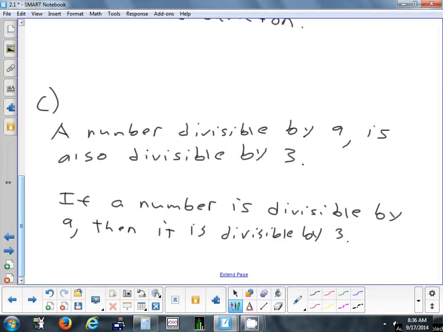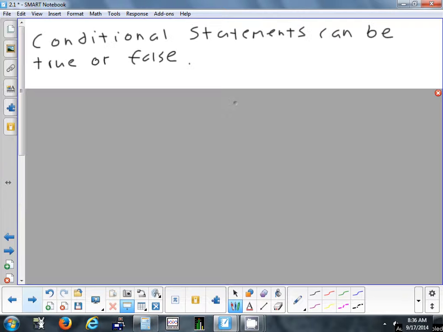Okay, but let's take a number divisible by 3. 6. Is 6 divisible by 9? No. So this statement isn't true if you switch the hypothesis and conclusion around. Sometimes you can switch the hypothesis and conclusion and it's still true. Sometimes you switch it and it's not true. Okay, we'll talk about that.